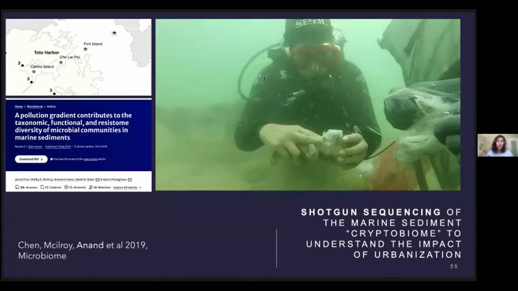The study that I'm going to share with you is from these 4 sites in a harbor called Tolo Harbor. And this was a harbor that is notorious for wastewater pollution, because if you see here what is denoted as number 3 and 3, on the 2 ends of the innermost part of Tolo Harbor were 2 gigantic wastewater treatment facilities that would dump untreated wastewater, and then it was soon upgraded in the 1990s.